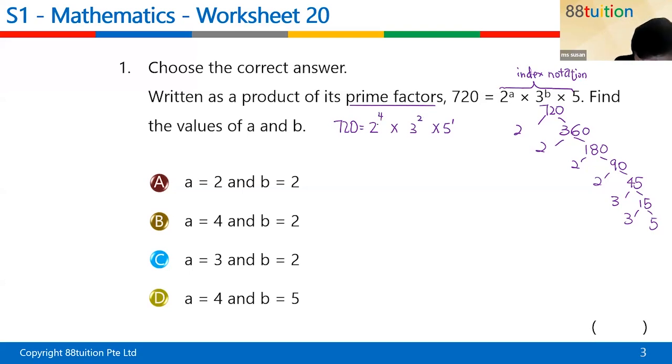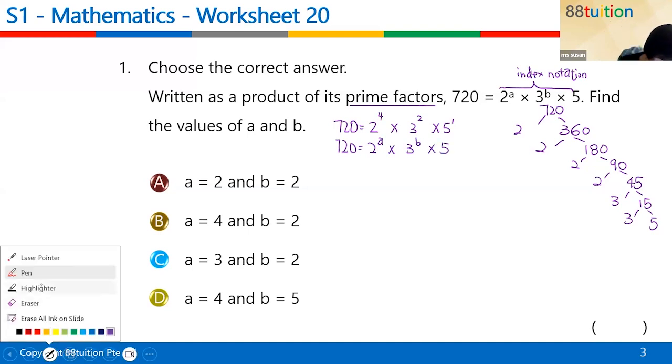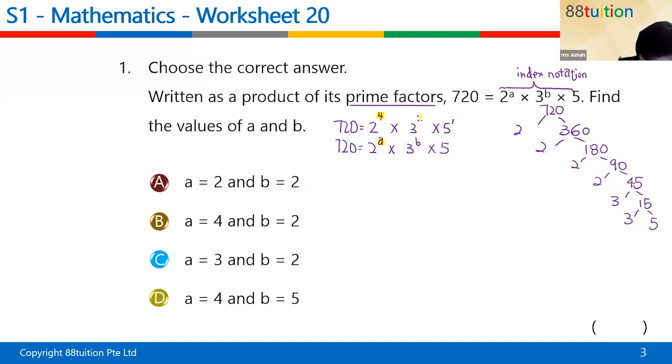Okay, so what is given here is 720 is 2 to the power of a multiplied by 3 to the power of b and 5. So what are we going to compare here? The indices here. Okay, so a must give you a 4 and b must give you a 2.